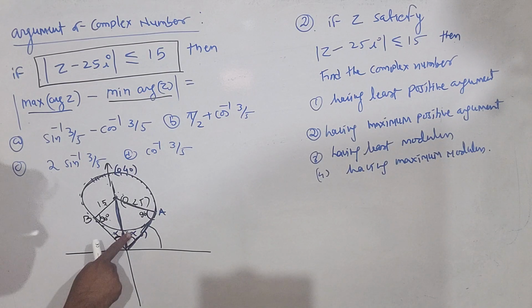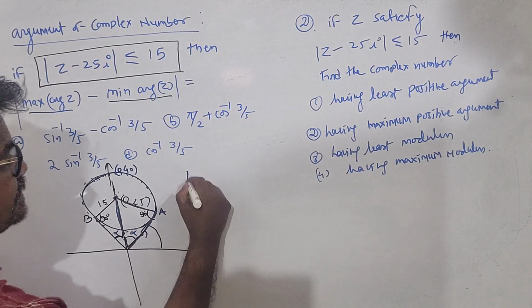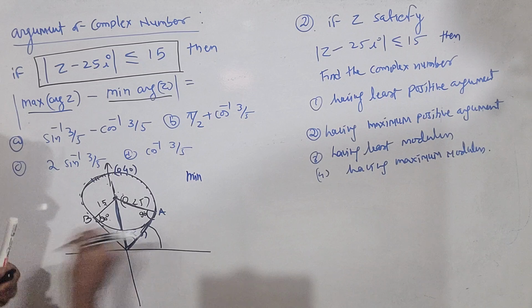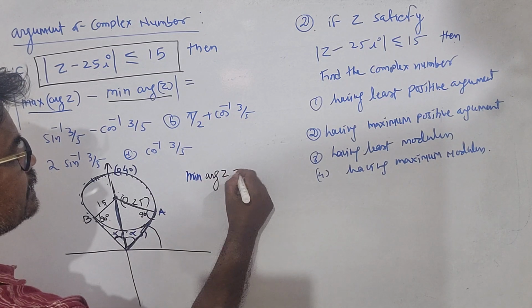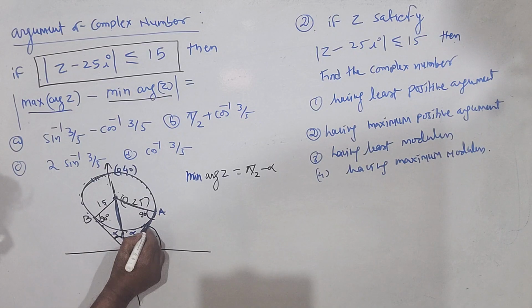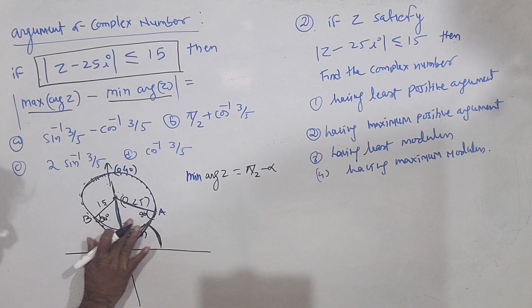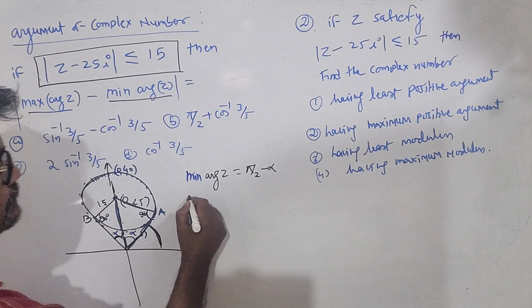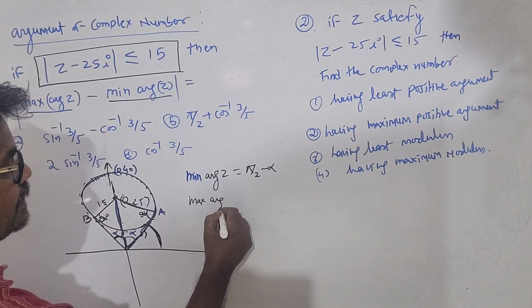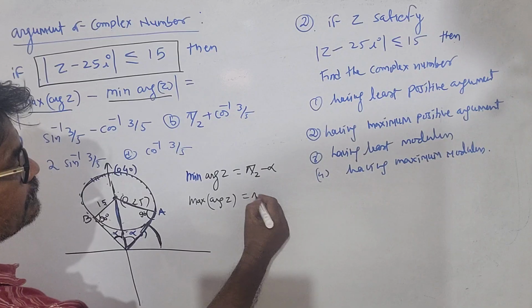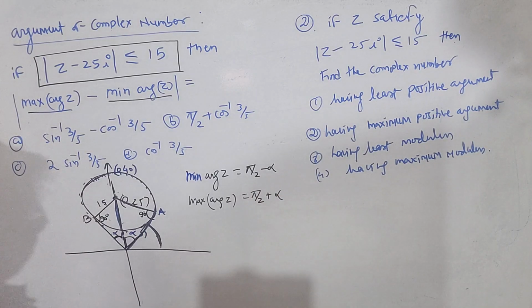Now if this is alpha, then the minimum argument of z will be pi by 2 minus alpha, correct? This is your argument, okay? And this whole angle is pi by 2 and this angle is alpha, therefore this is pi by 2 minus alpha, and therefore the maximum argument of z which satisfies this locus is pi by 2 plus alpha.